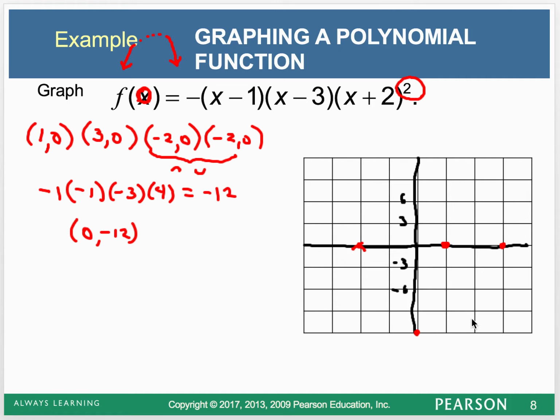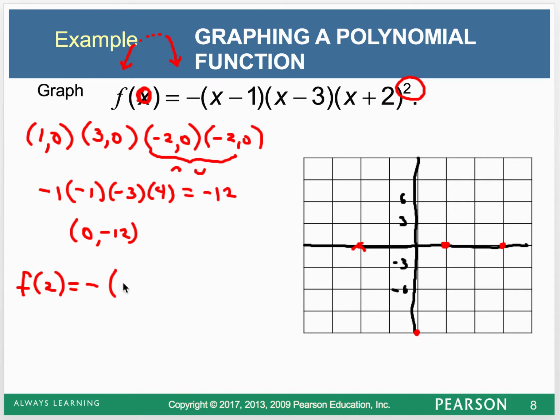That's perfect. About the only thing I don't know, since I already have a point in between these intercepts, I need to know what's happening in between here. Does it just come like this? Does it come way up? What happens in between here? So I'm going to pick this value 2 and plug in, and let's see what f of 2 is to get my extra point.